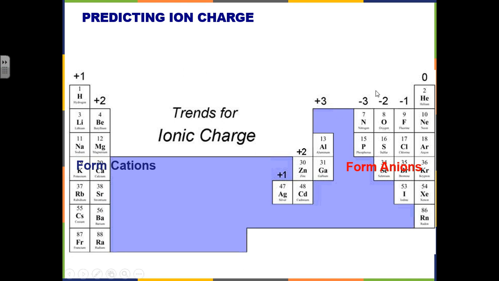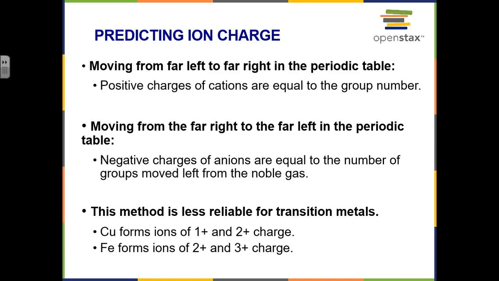And then if you move on further to this side of the periodic table with these 3, you'll notice that they will gain electrons to become charged species. And they can be represented by their charges, as we showed in the previous example with calcium and bromide.